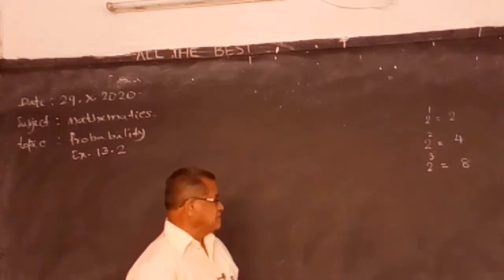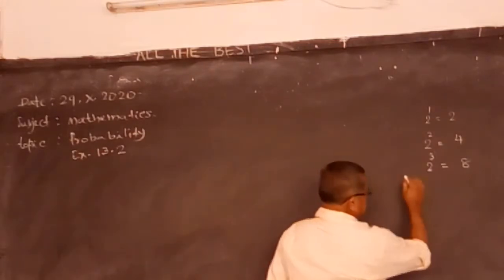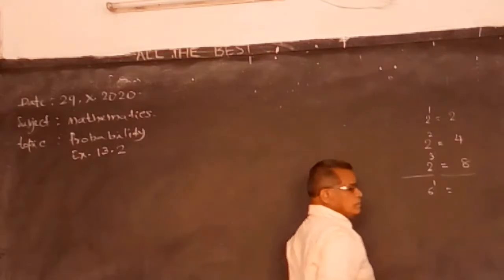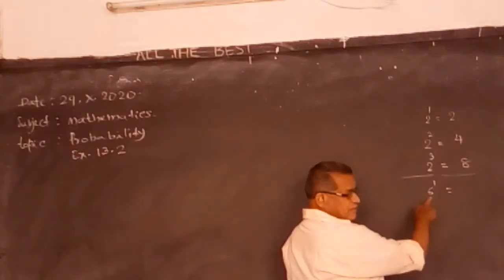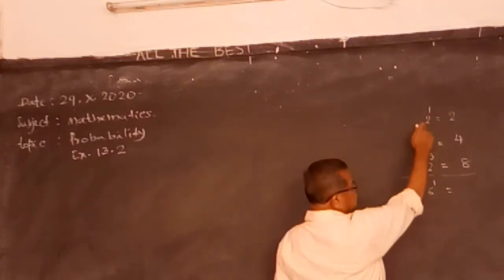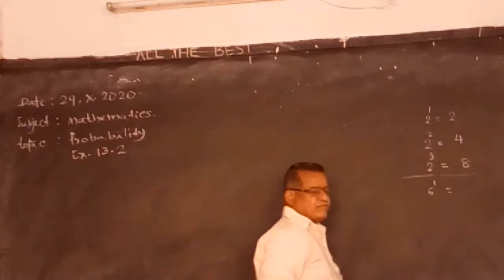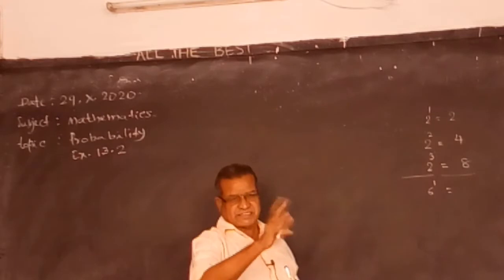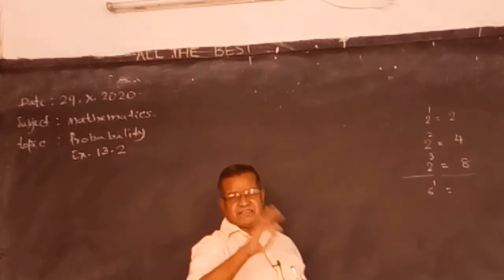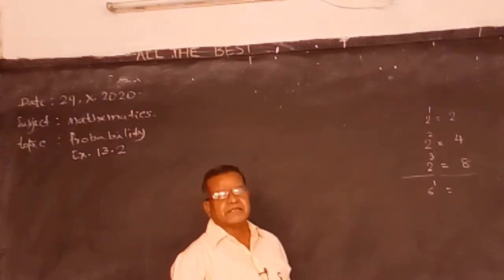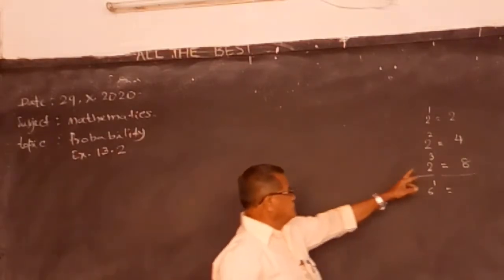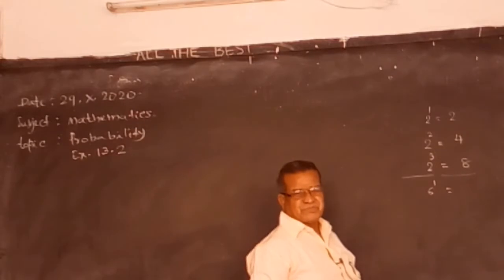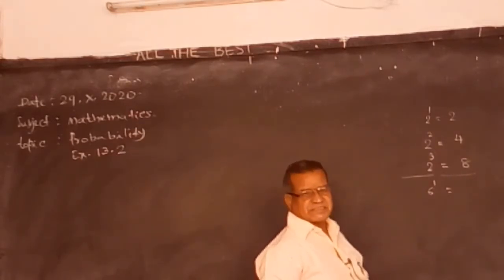Like that, dice one time, 6 power 1. Here I am writing 6 for dice, I am writing 2 for a coin. Why 2? It has two faces, one is the head, the other is tail. That's why we are using 2. For a dice, we are using 6 because it has 6 faces.